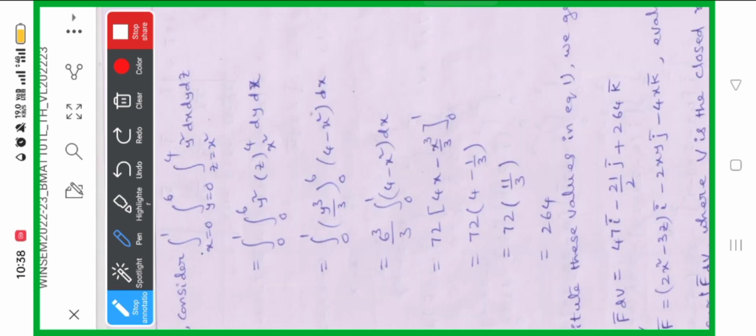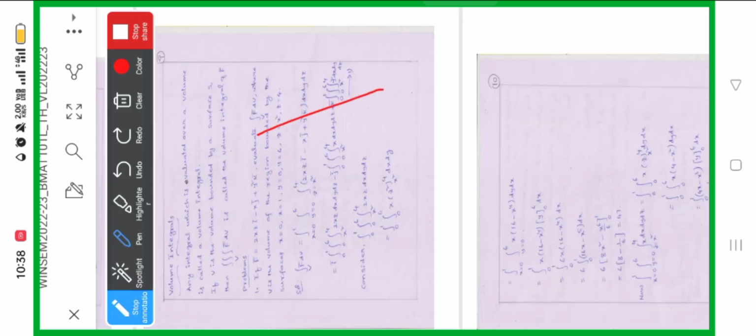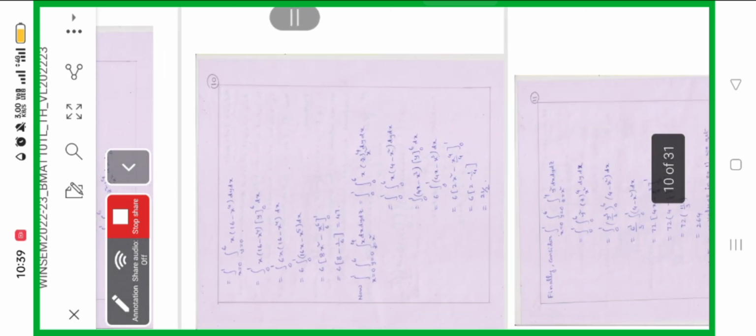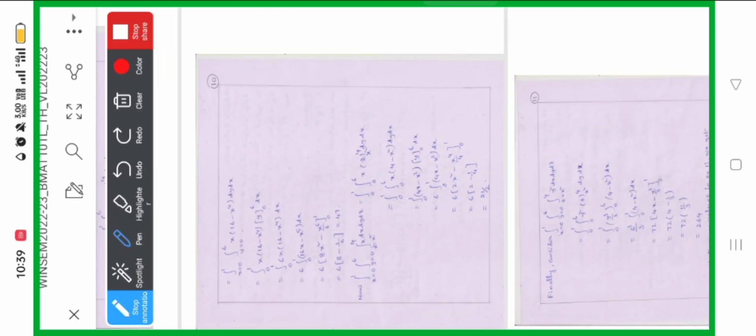Now consider x, y, z. We have three components, f1, f2, f3. For the f1 component we got 47, and for the f2 component we got 21 by 2.